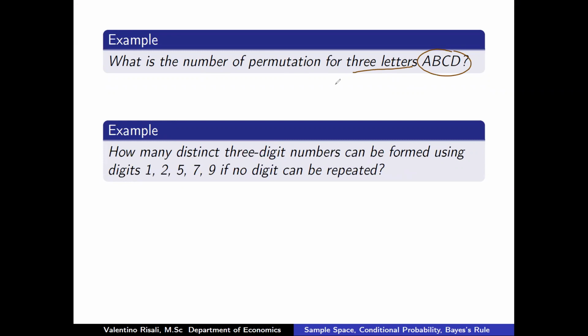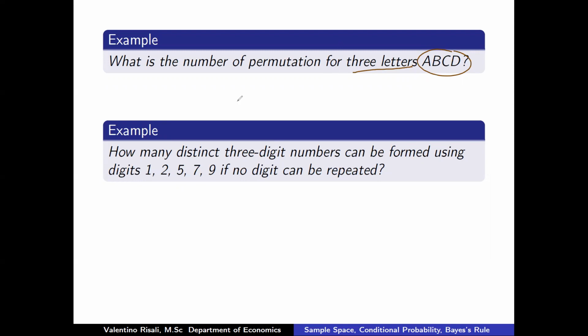Because it is assumed that there is no repetition of the letters, we can use permutation here. And of course, we consider the order of the letters.